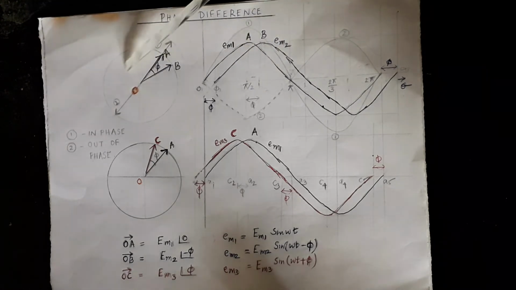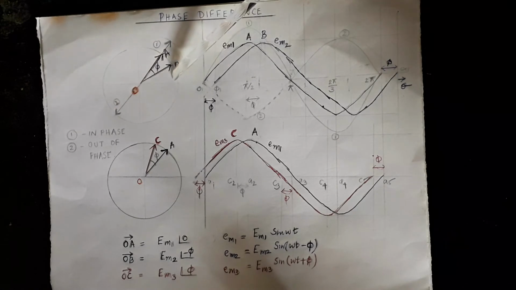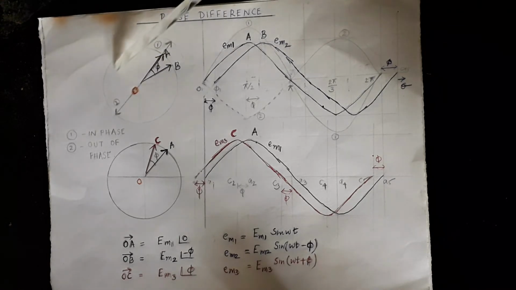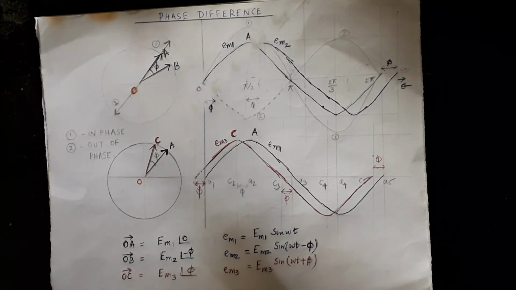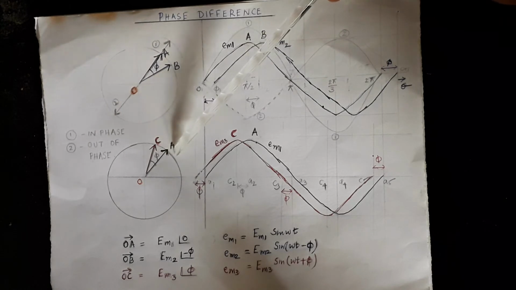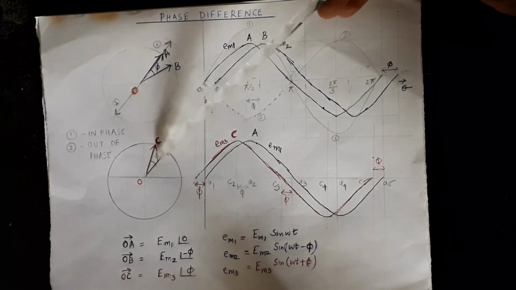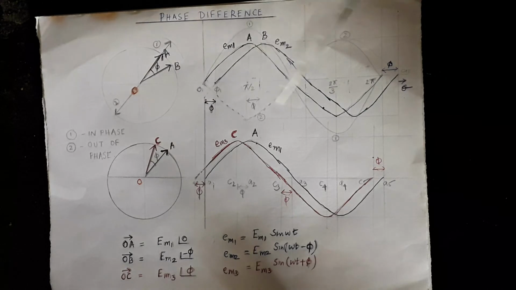They always move in the counterclockwise direction. That is why we say OA is leading OB by an angle of phi radians, because OA is ahead of OB. Here OC is leading OA by an angle of phi radians, or OB is lagging OA by phi radians. OA is lagging OC by phi radians. So I hope you understood what phase difference is.